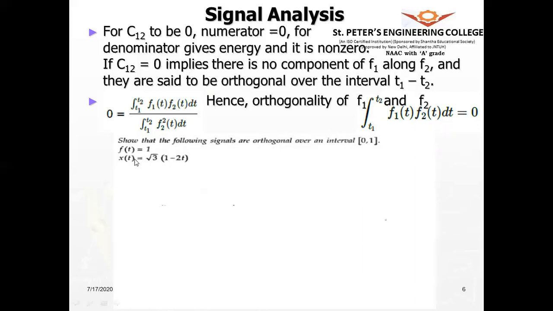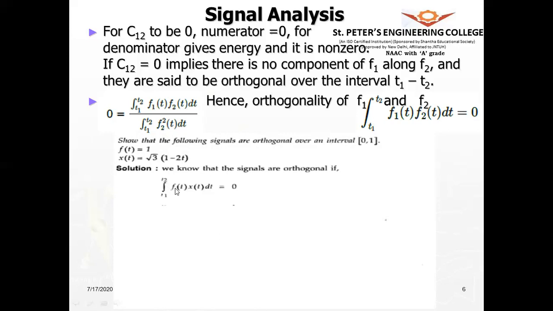Now, let us take an example and show that the two signals f of t and x of t are orthogonal. So here, given are two signals f of t and x of t over the interval 0 to 1. Now we know from the above discussion that integral t1 to t2 f of t x of t dt is equal to 0.